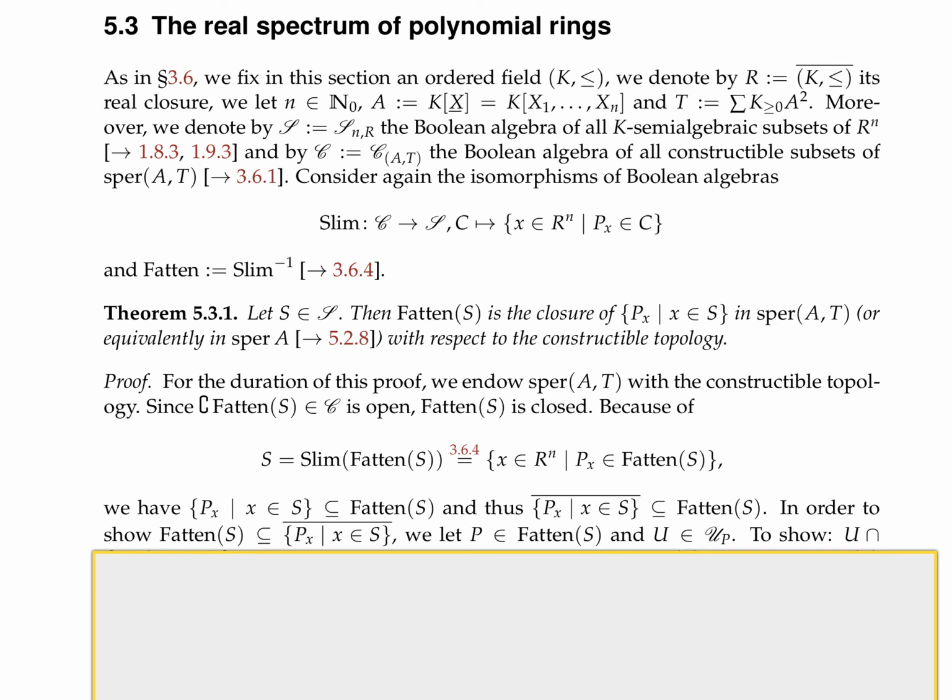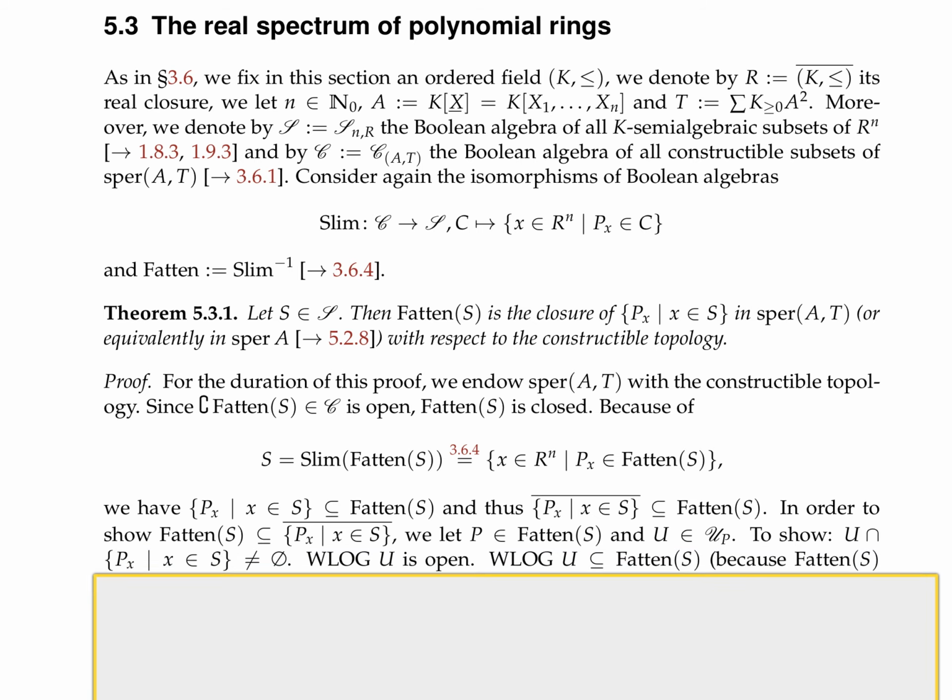So in order to show the other inclusion here, we let P be an element of the fattening of S, and we are taking a neighborhood U of P in the real spectrum of A[T] with respect to the constructible topology. And we have to show that this neighborhood intersects the set of all P_x, x in S.